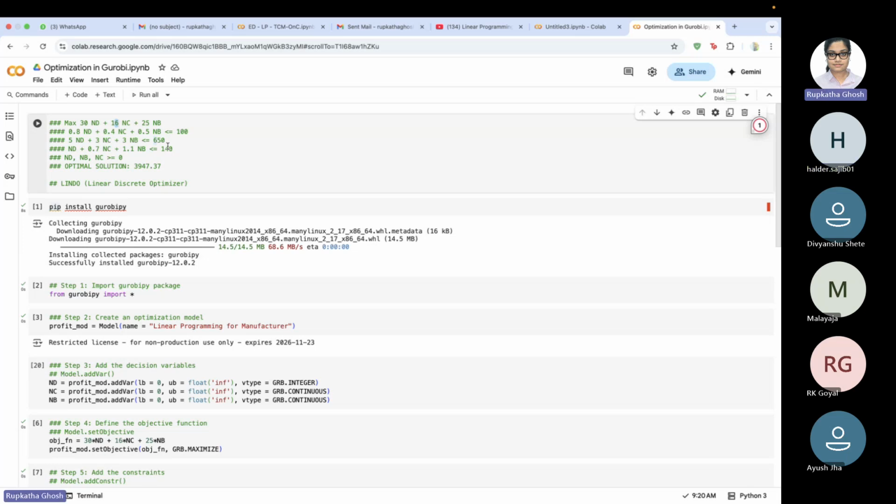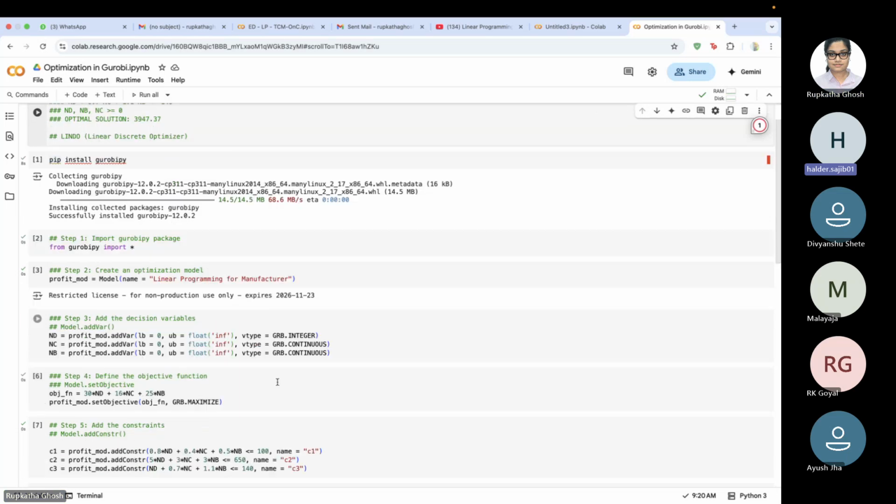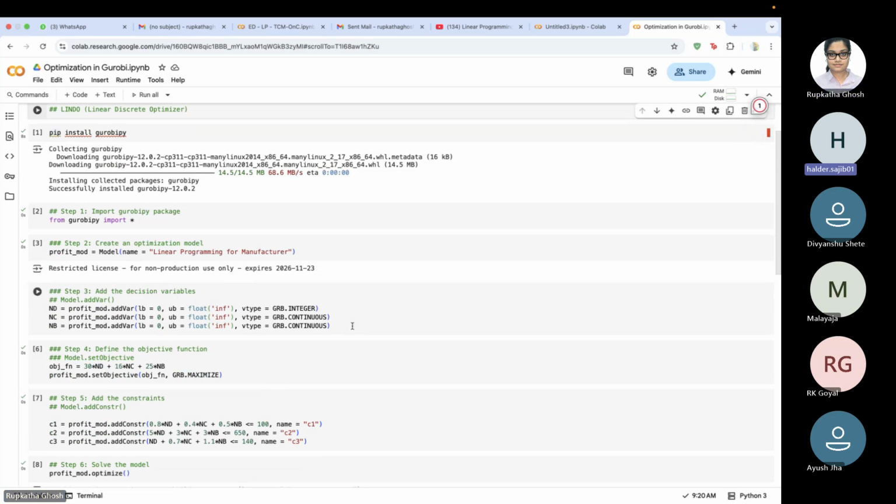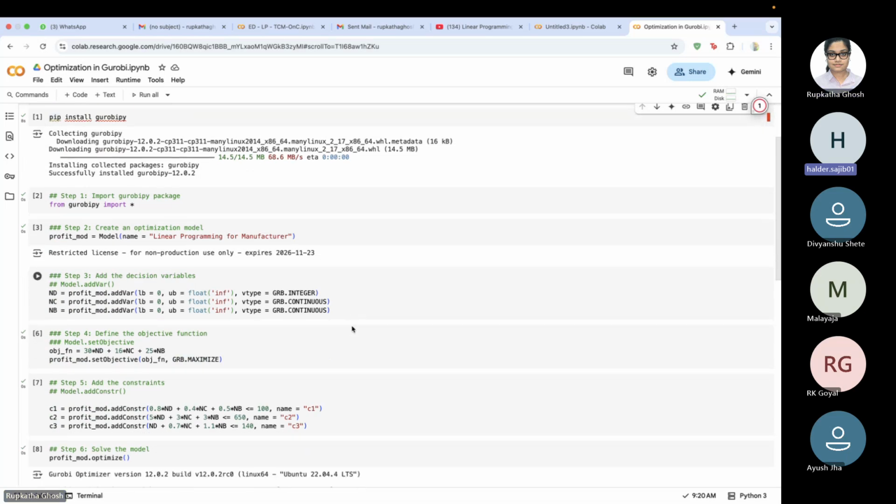And one thing, you write GRB.INTEGER and GRB.CONTINUOUS. When the variable is greater than or equal to 0, we use continuous, right? Yes, simply when it's greater than or equal to 0, you write GRB.CONTINUOUS. But if it is 8 or 10, then I will write integer.